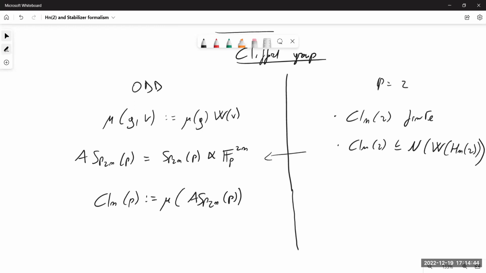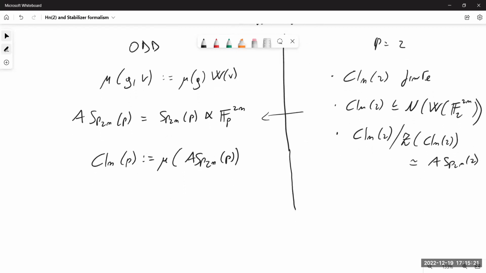Now this is fancy notation, meaning that we just take the Weyl operators for all elements of the Heisenberg group, or maybe it's more correct to say of the discrete phase space. And now you also impose another condition, that the quotient of the Clifford group with its center is basically the affine symplectic group.